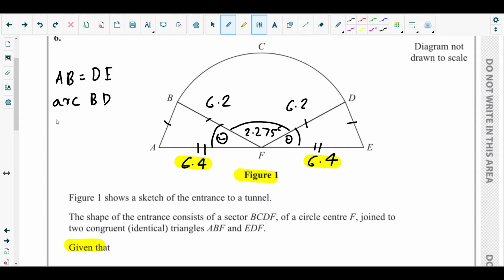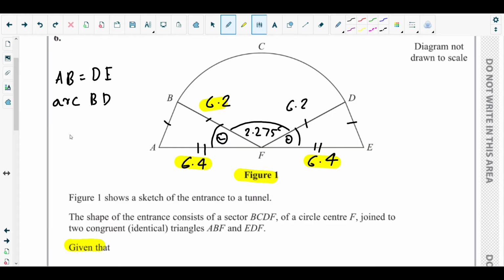To find the length of AB, we know theta, which we found in part A. We know the lengths of the two adjacent sides of theta, 6.4 and 6.2. So we can easily find the opposite side using the cosine rule.